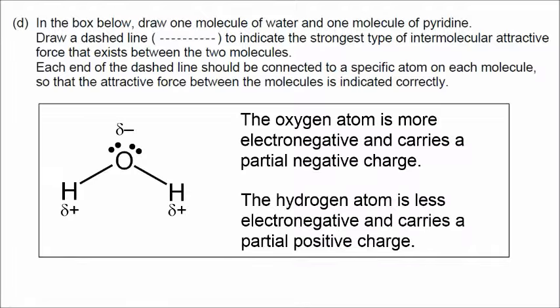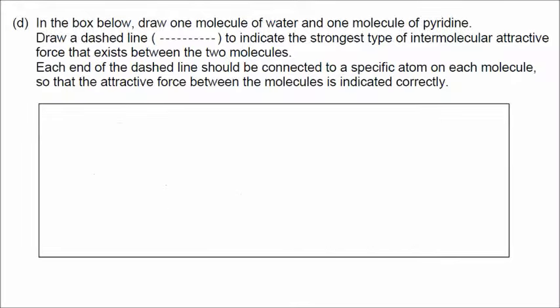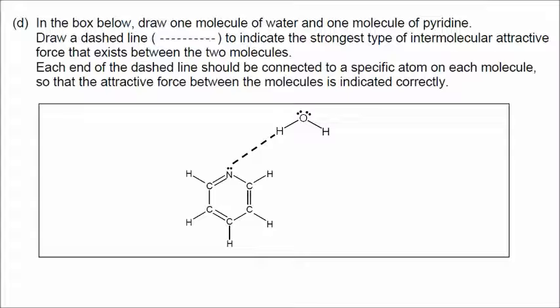So how can we get the pyridine to be attracted in a specific way to the water molecule? Well, if we take the negative portion of pyridine and we attract it to the positive portion of water, then this would be the best attraction you could draw. I would not accept an attraction between the hydrogen of pyridine and the oxygen of water, since that hydrogen of pyridine is not really considered a strong polar bond. That CH bond is generally nonpolar. So this would be the best attraction between the negative and positive charges.